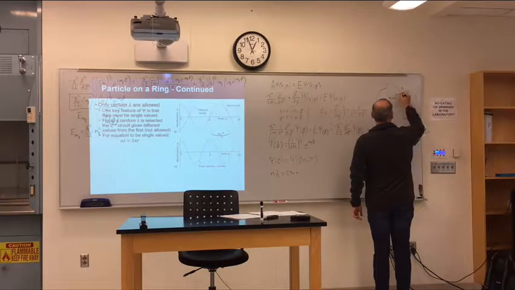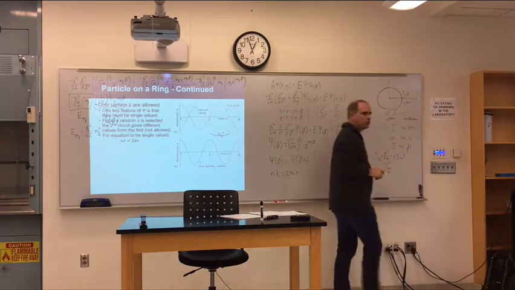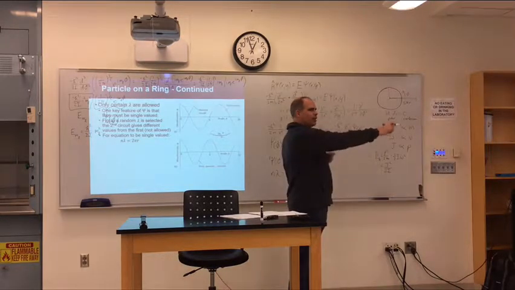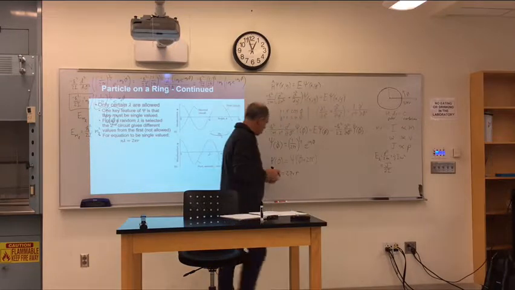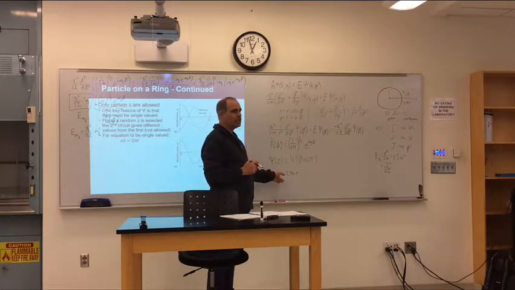So coming around here is 2 pi r, how far it has to go around, and then as long as we fit a complete wavelength in there, within that spot, the wavelength could be any integer value of that. Right, so we could fit maybe 5 wavelengths in there, or 6 wavelengths in there.